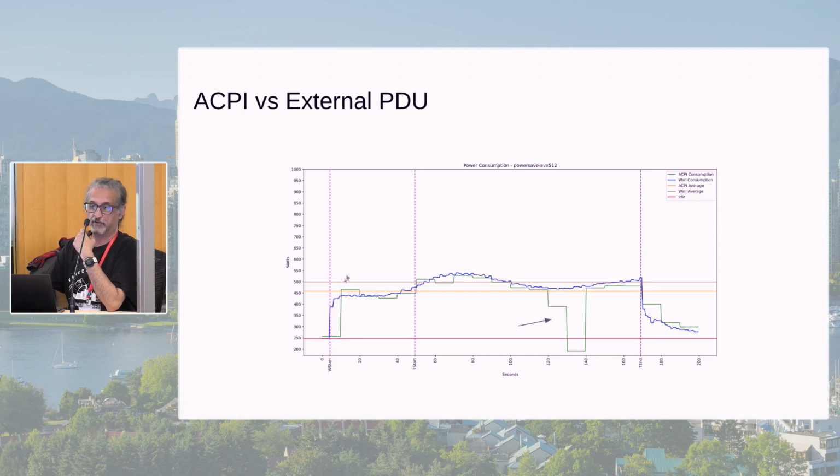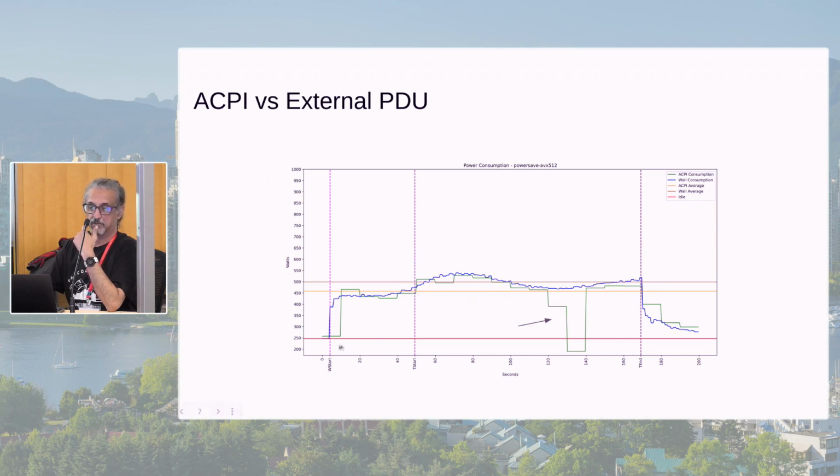The green comes off the ACPI measurement. It's measuring the power supply on the system. And we found it was quite inaccurate. It was flip-flopping back and forth from different levels. The external PDU, they call them PDU, is the blue. You can see that those are measurements we took.